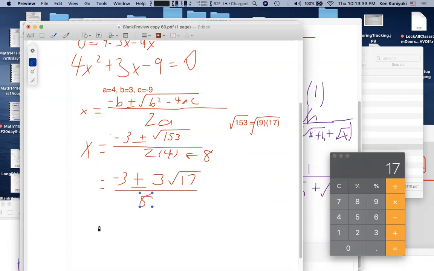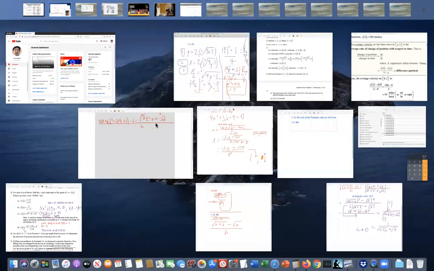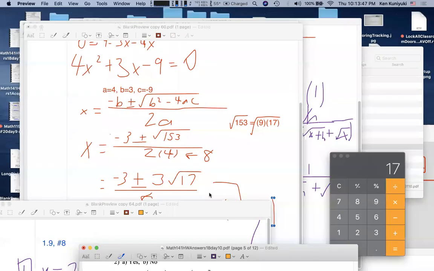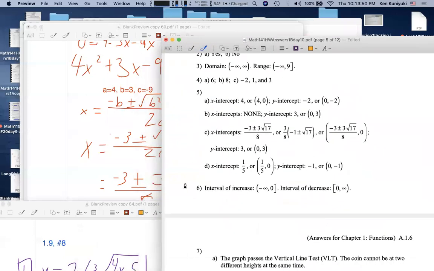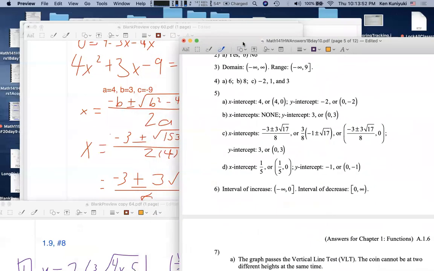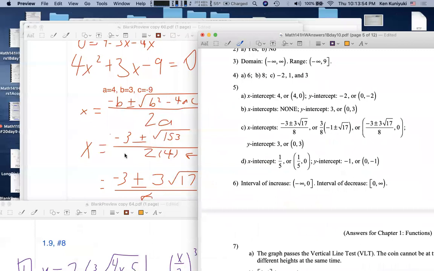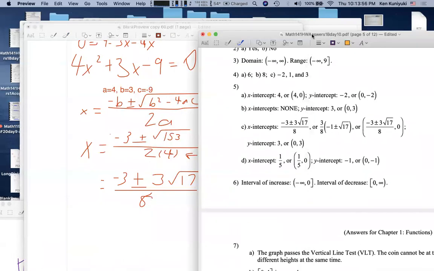And technically we're dealing with the x-intercept, so it's these two numbers, comma, 0. So -3 plus or minus 3 root 17 over 8, comma, 0.